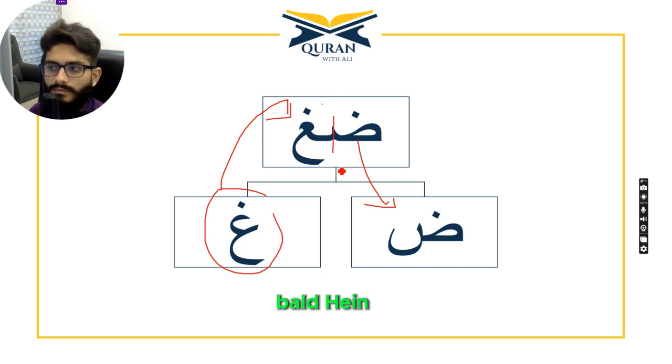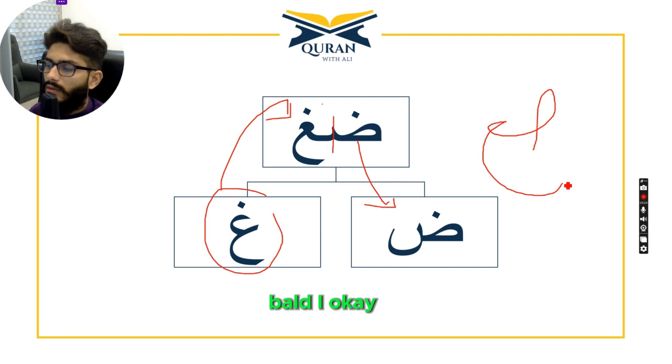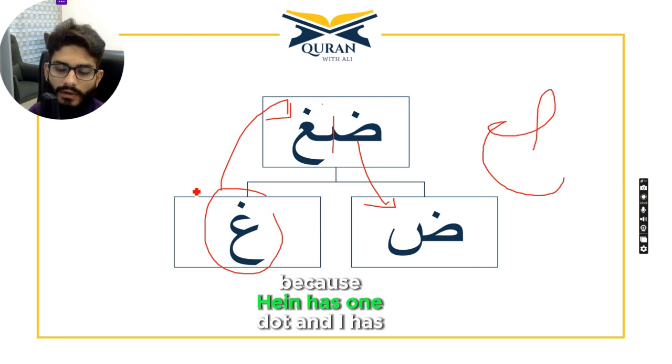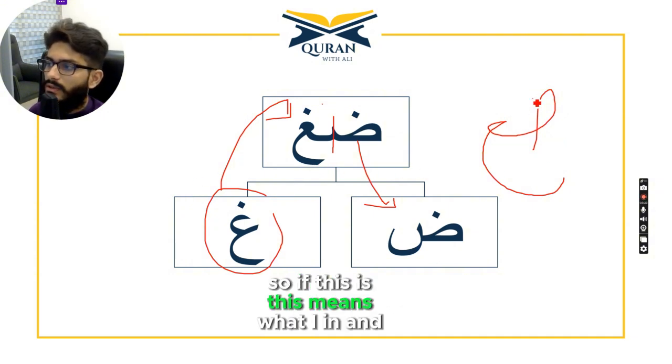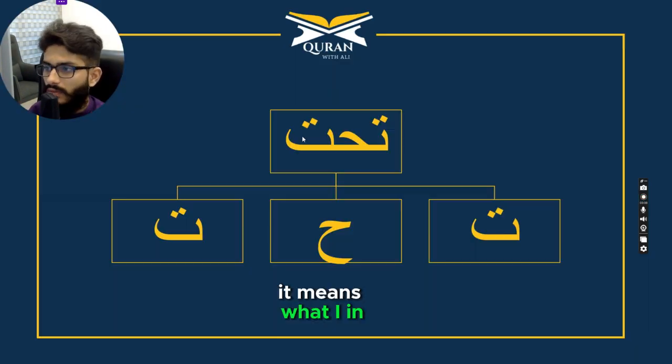Bad ghain. And if there is ain, then it will be bad ain. There will be no dot, because ghain has one dot and ain has no dot. So this means bad ain, and if there is a dot, it means bad ghain.